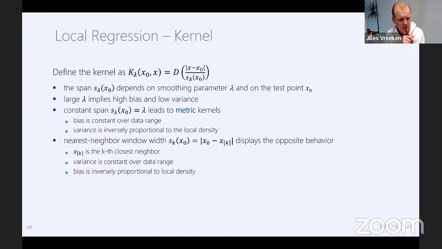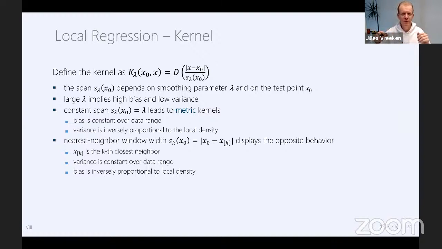That's one analysis. Another thing to think about is that we could, in theory, use different spans for different data points. I mean, why not, right? Nobody's going to stop us. But if we actually choose the same everywhere, and in fact we remove the entire function, we always set it to some value lambda, then all of a sudden the kernel starts to become metric.